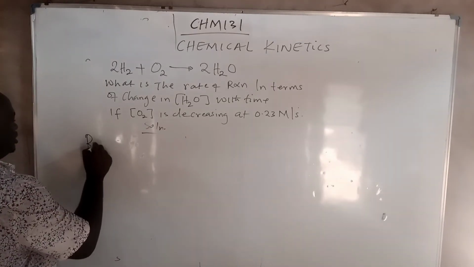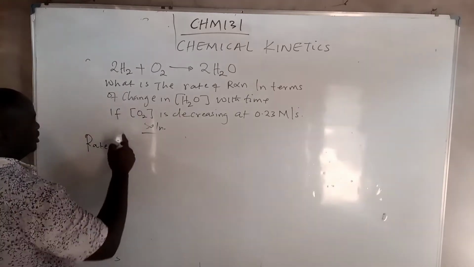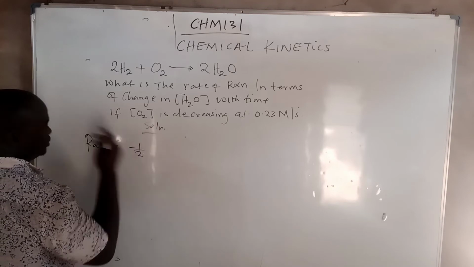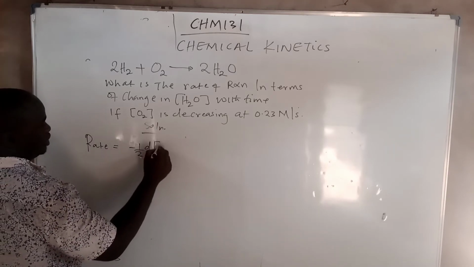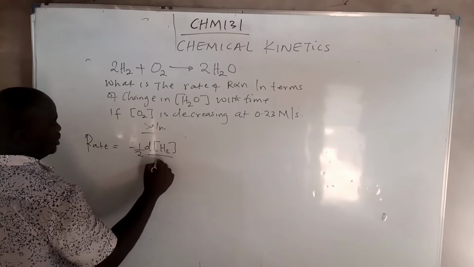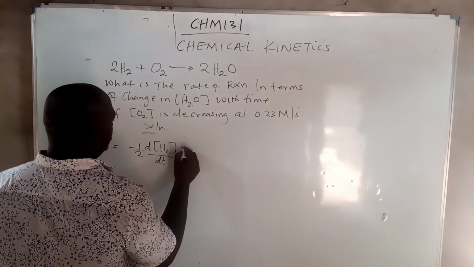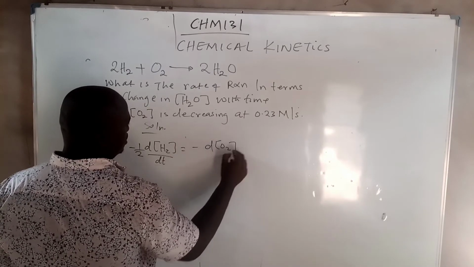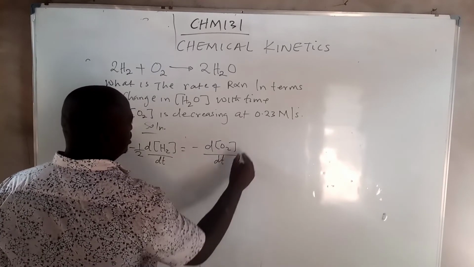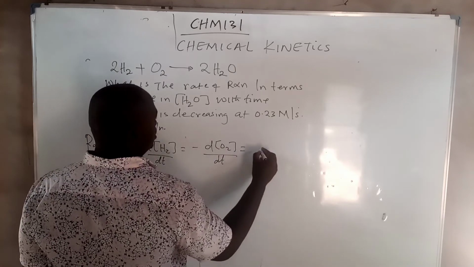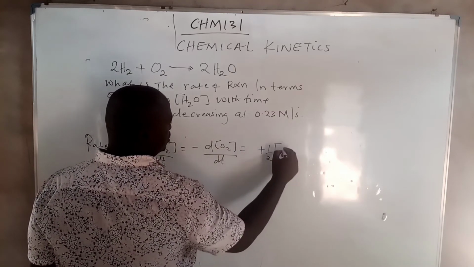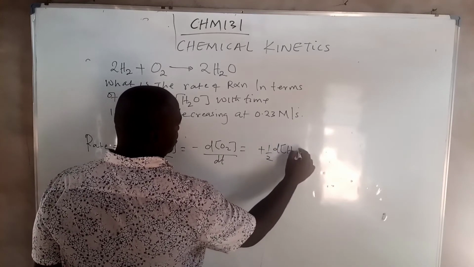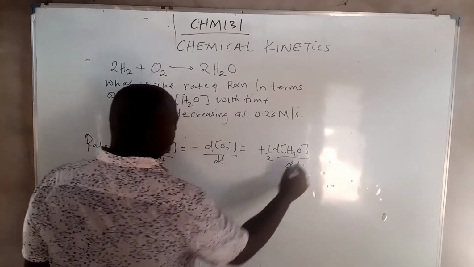The rate is the quotient of minus 1 over 2 times the change in hydrogen all over the change in T, which equals minus the change in oxygen all over the change in T, which equals plus 1 over 2 times the change in water all over the change in T.